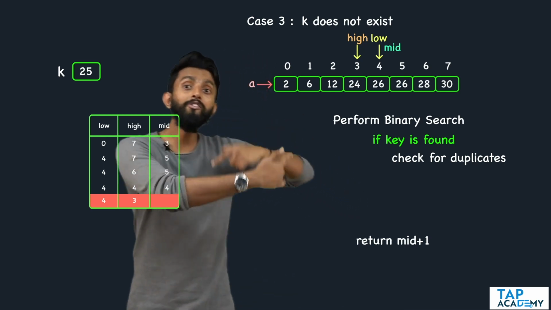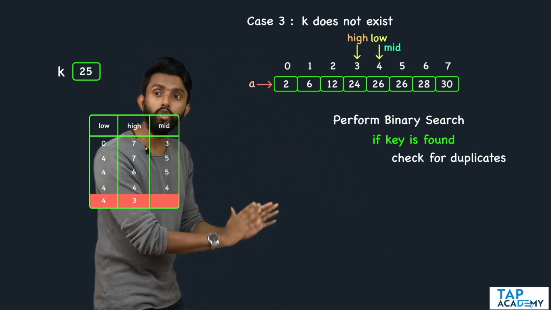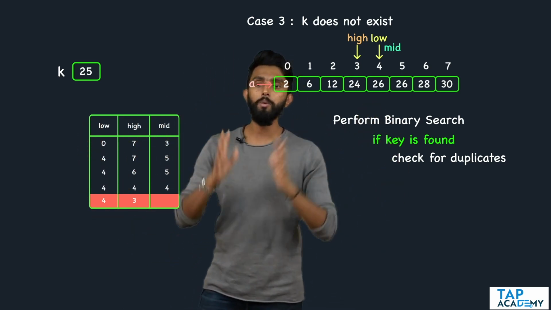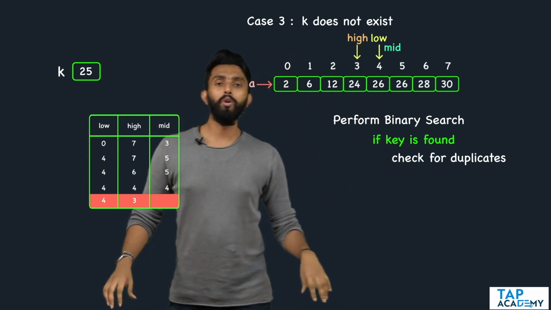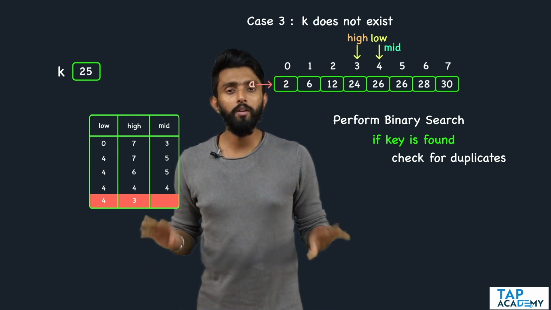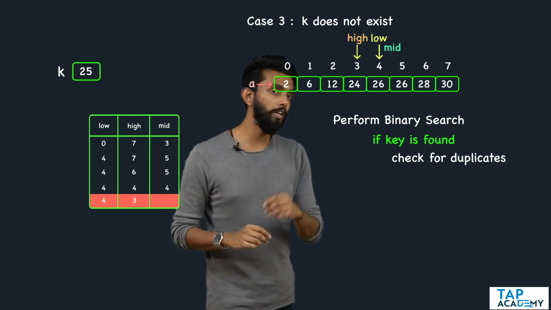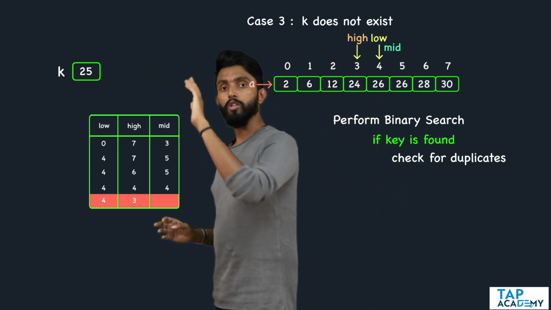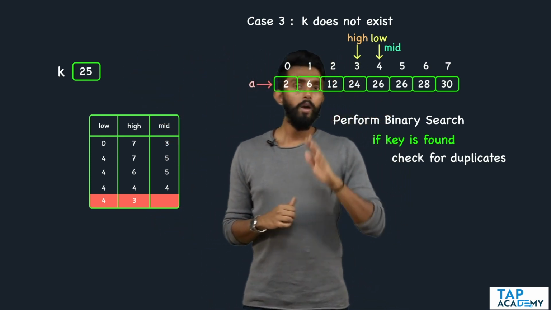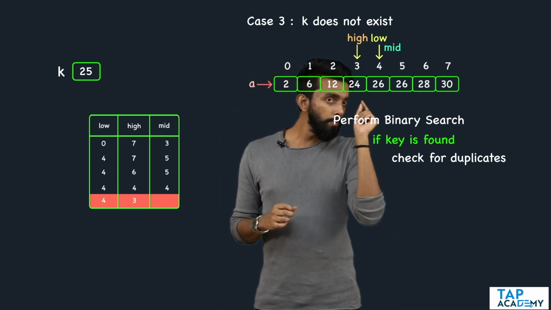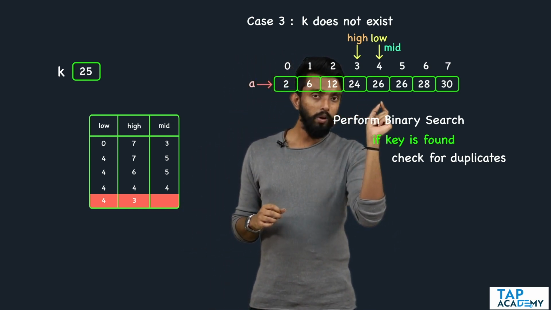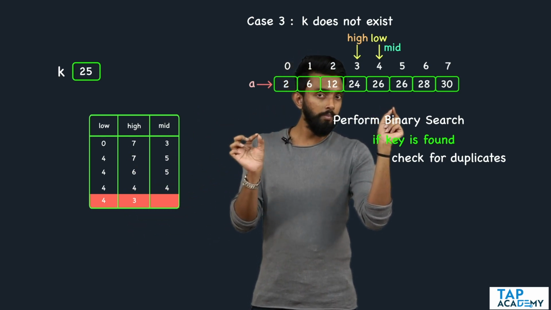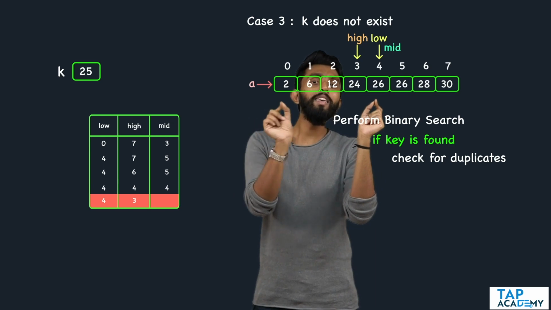So how does one fix this condition? Directly I should not return mid plus 1. That much is clear to me. Then what would you be doing? Sir, if you ask me, very simple. Use observation skills. If the element that you are searching for is not present, binary search will work in such a way that the mid value will always come to the next highest element.